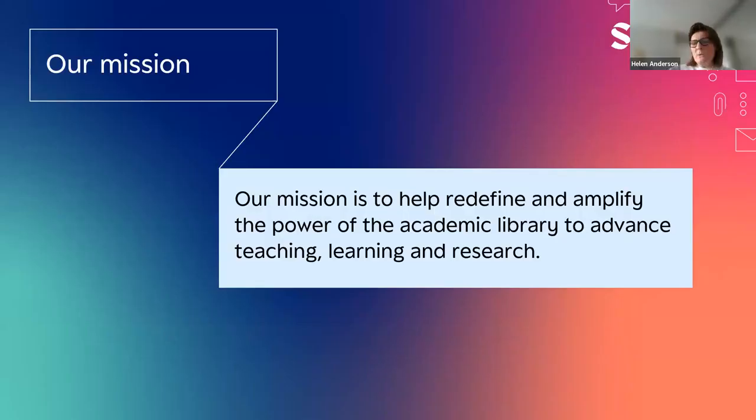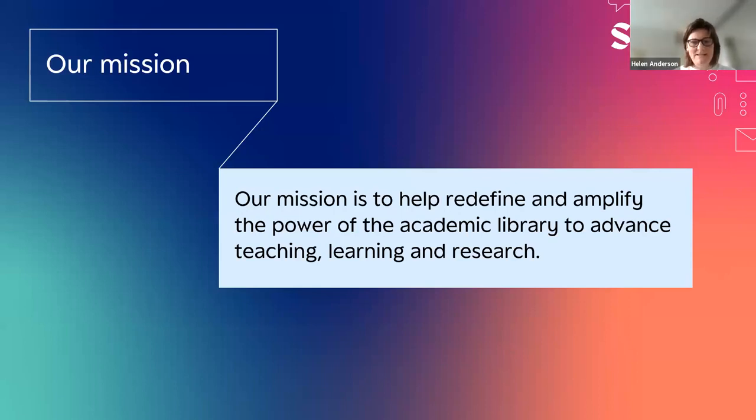So we spent quite some time defining what our mission is at Technology from Sage. And we very much knew that we wanted to put the academic library right at the centre of our strategy. And this strategy feeds into all the departments at Technology from Sage.